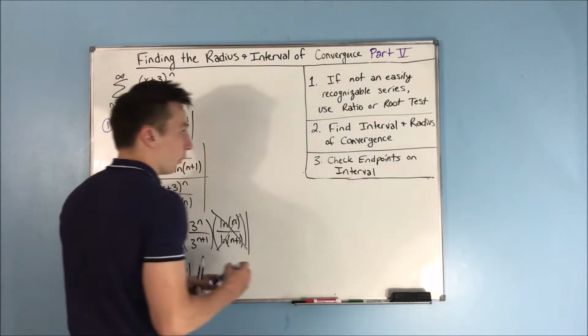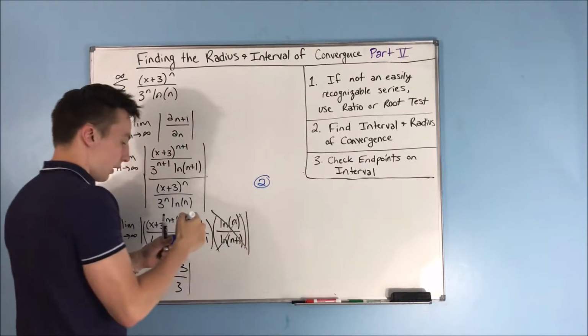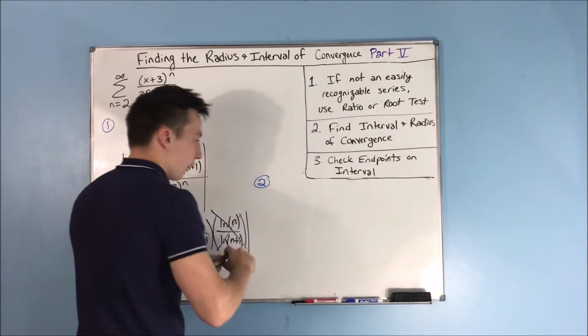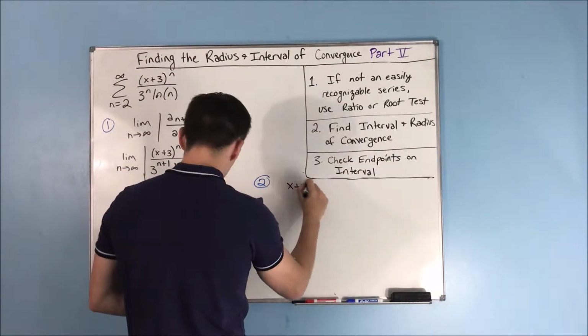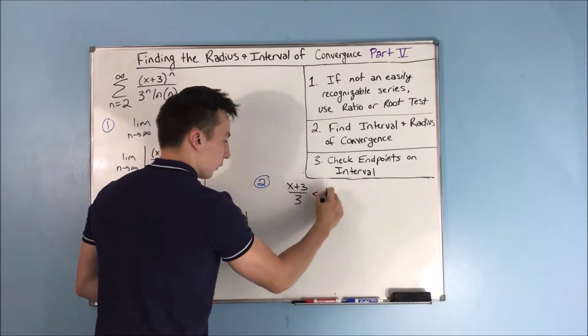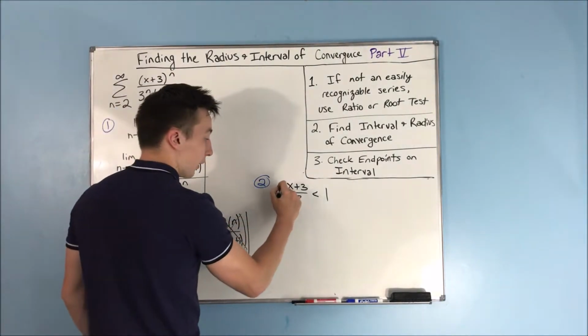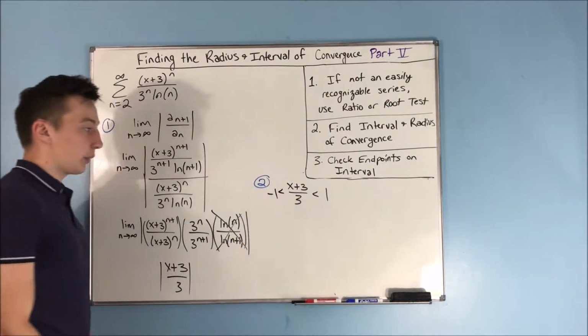Okay, so what the ratio test tells us is that this absolute value of x plus 3 over 3 needs to be less than 1, so what we're going to do is get rid of those absolute values and have it be greater than negative 1 as well.